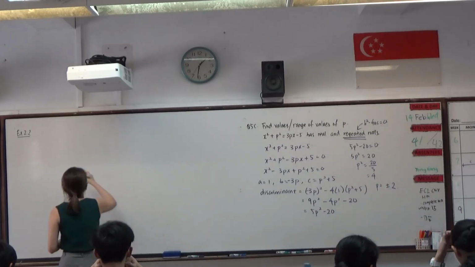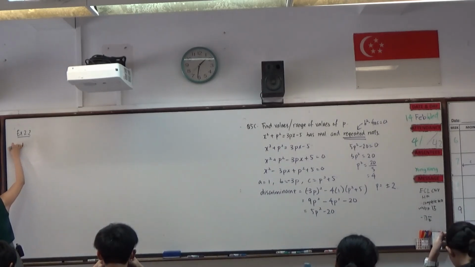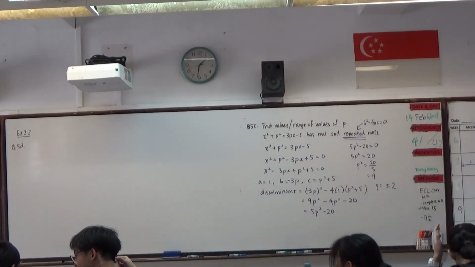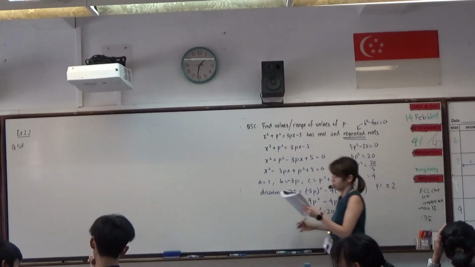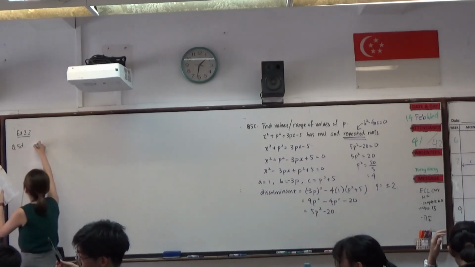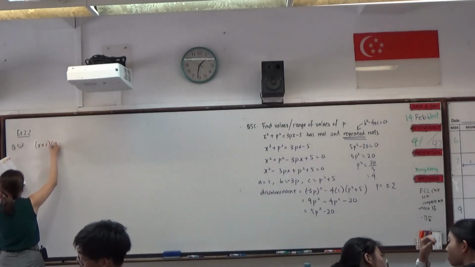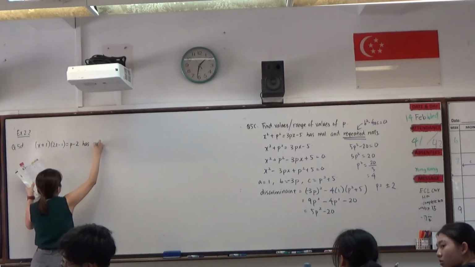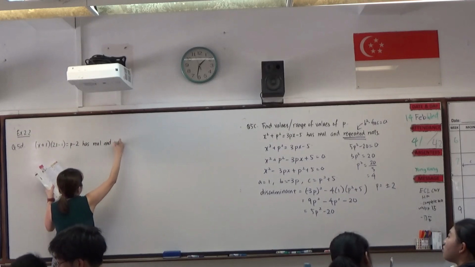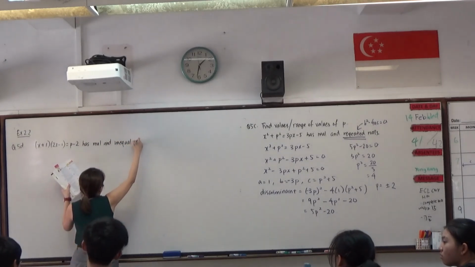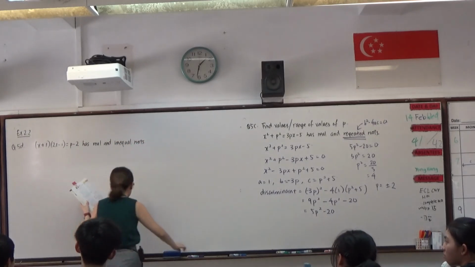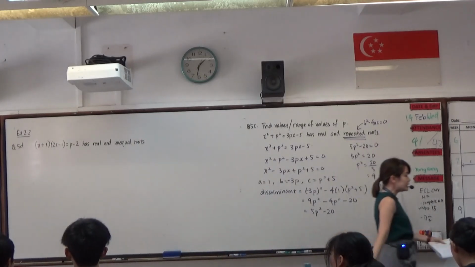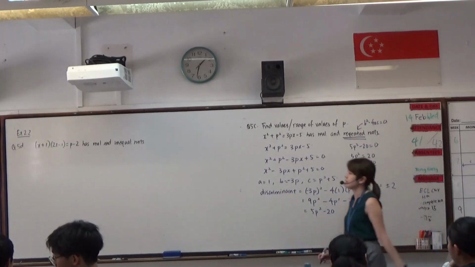So 5B. Okay, so we do the same to determine what is the discriminant.